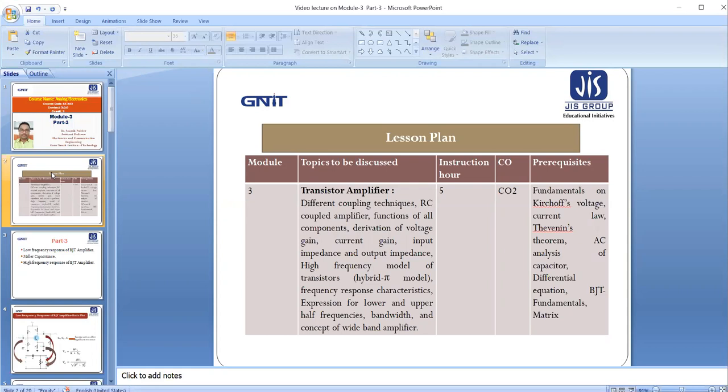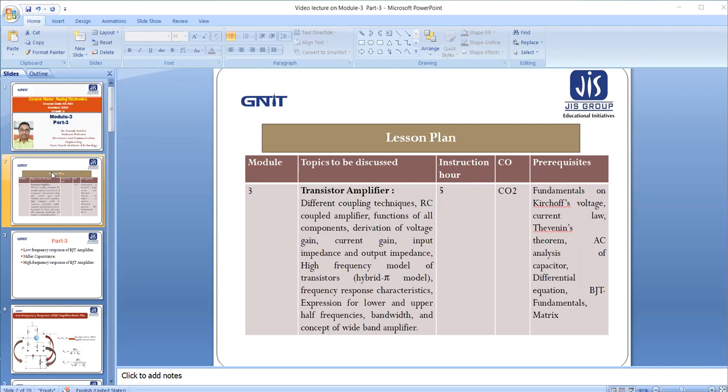The topics to be discussed are transistor amplifier, into which several subtopics are included: different coupling techniques, RC coupled amplifier, functions of all components, derivation of voltage gain, current gain, input impedance and output impedance, high frequency model of transistors, hybrid pi model, frequency response characteristics, expression for lower and upper half frequencies, bandwidth and concept of wideband amplifier.